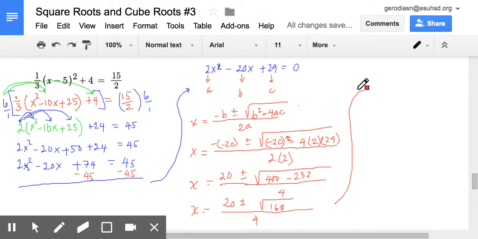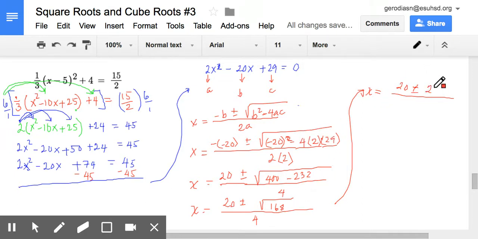Now let's bring this over here. So here we'll have X is equal to 20 plus or minus square root of 168, which is 4 times 42.